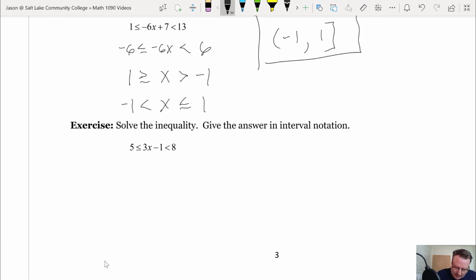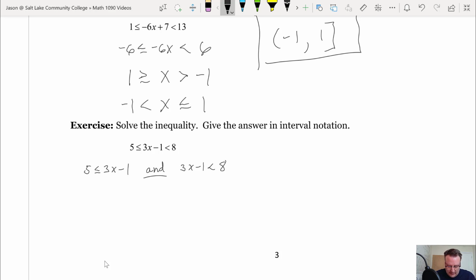I could break this up into 5 is less than or equal to 3x minus 1 and 3x minus 1 is less than 8. Okay? I want to solve both inequalities at the same time, so I put and in between. I want both of these statements to be true.